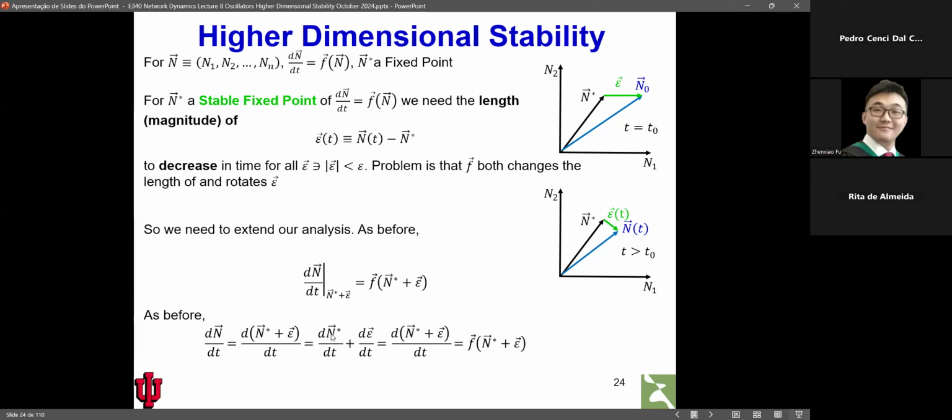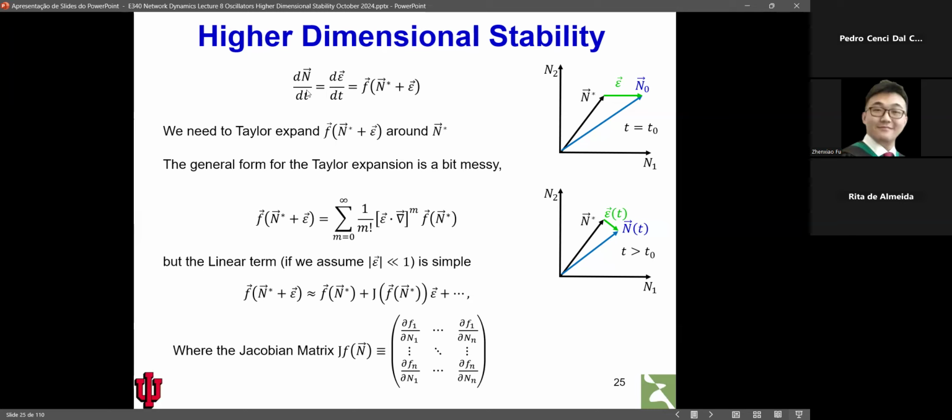Now this is 0 because the fixed point does not change in time. So we are going to only have the perturbation, right? And the evolution of the perturbation is going to be given by the function f as well.